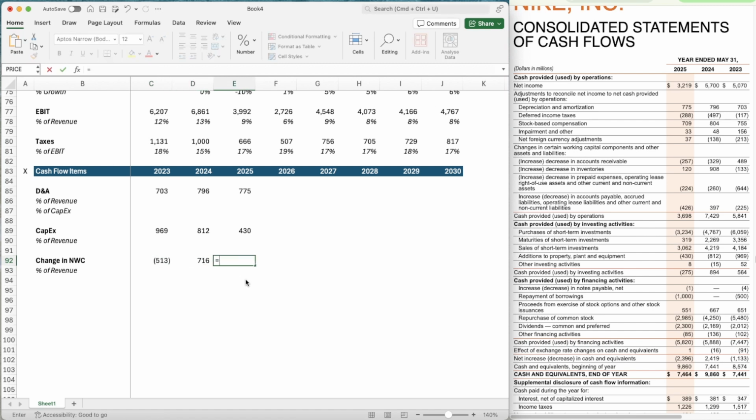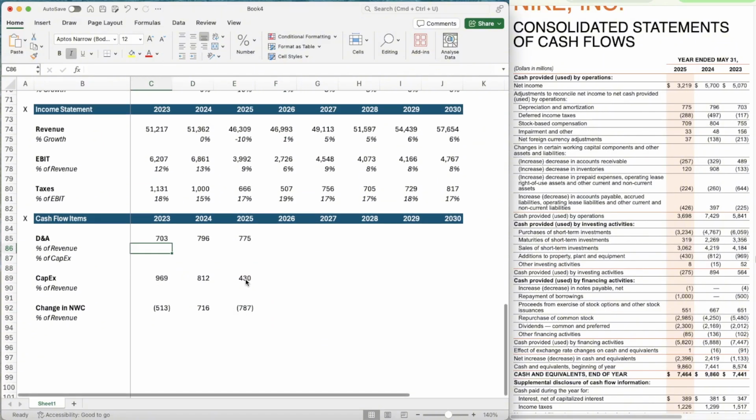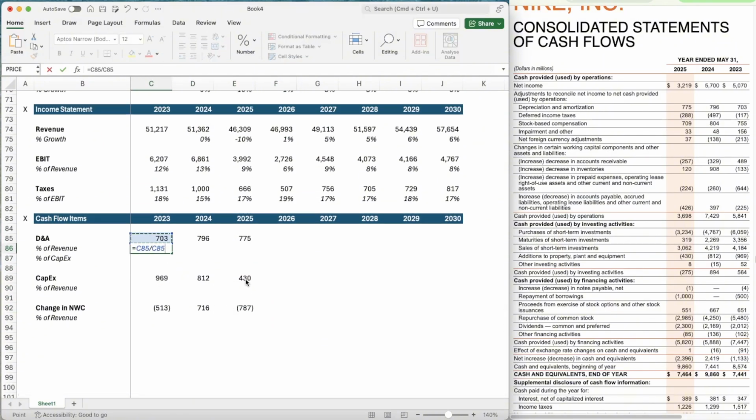Same for 2025, equals sum negative 257,120, negative 224, negative 426. Yeah, let's just get the percentage of revenue.